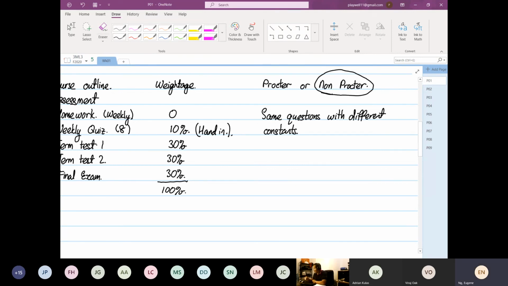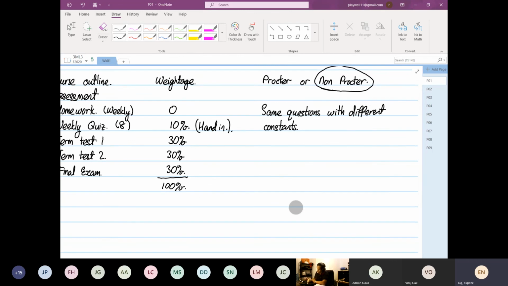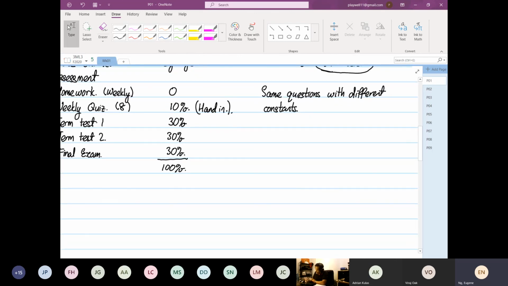So what do I mean by same questions with different constants? The constants are dependent on the last 3 digits of the student number.